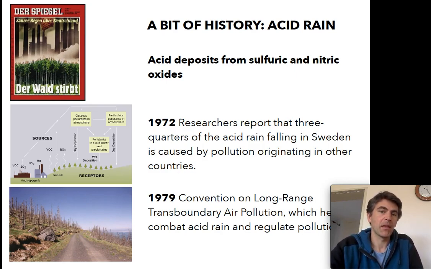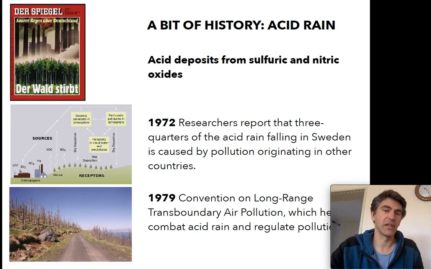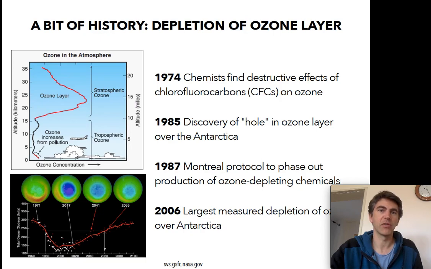So this was tried to be rectified a little bit in the late 1970s through a convention on long-range transboundary air pollution to regulate pollution a little bit more than before. So the harmful substances from industry in this case were key pollutants that actually led to massive rates of forest dying off.